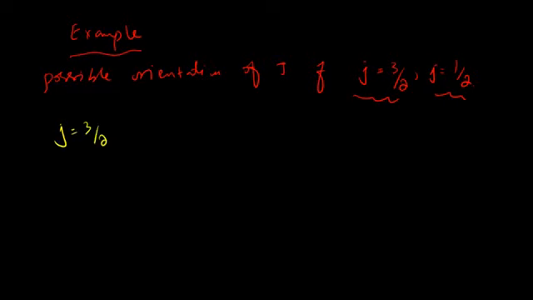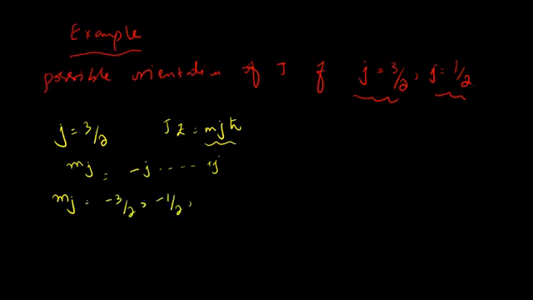When J is equal to 3/2, as we know, Jz is equal to Mj h-cut. Mj is the total angular momentum quantum number, and its values vary from minus J to plus J. So when J is equal to 3/2, the values of Mj are minus 3/2, minus 1/2, 1/2 and 3/2. How can we plot these values?